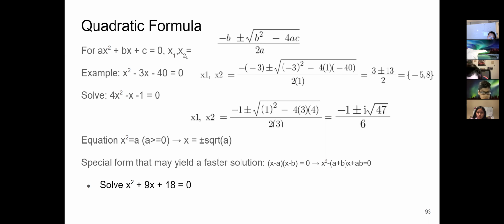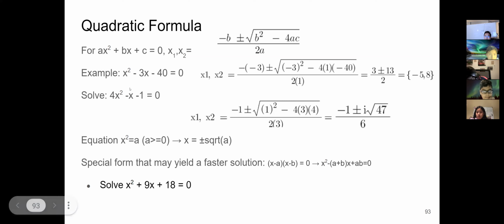I would say 2 roots always, but it's possible the 2 roots are equal. The 2 solutions would be 2a in the denominator, negative b plus or minus the square root of b squared minus 4ac. This is the generic solution.